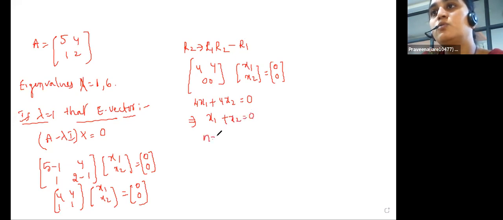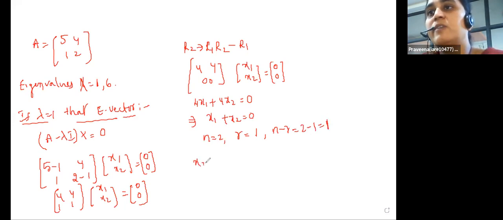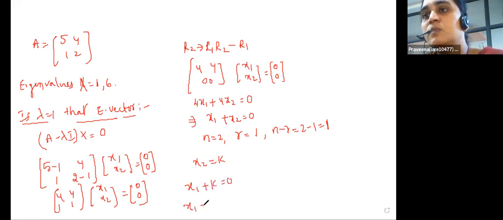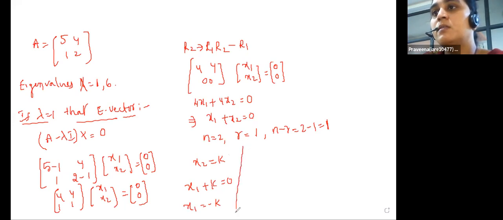Here n is 2 and r is the number of non-zero rows, 1. For that, n minus r is equal to 2 minus 1, that is equal to 1. Let us take one variable x2 as k. Substitute in the above equation, that is x1 plus k is 0, so x1 is equal to minus k. Then x1 is minus k and x2 is k.